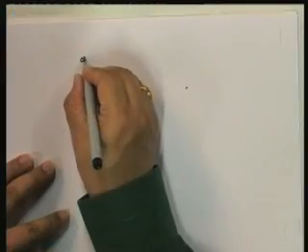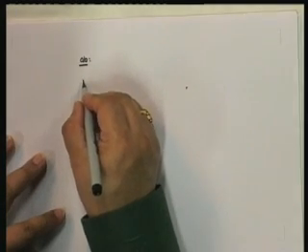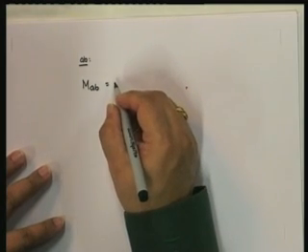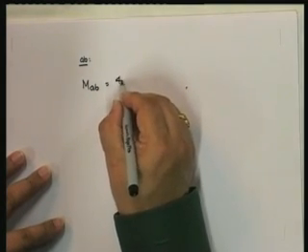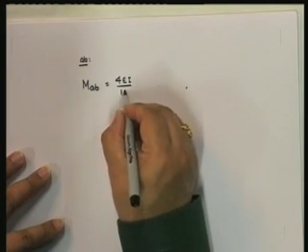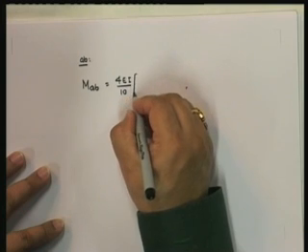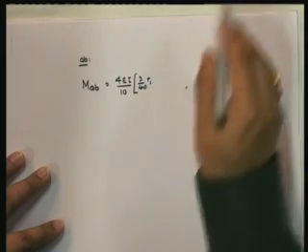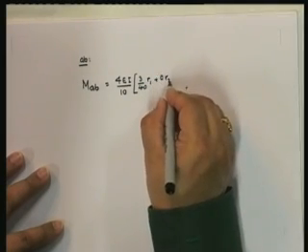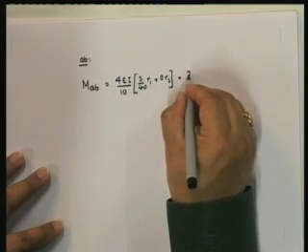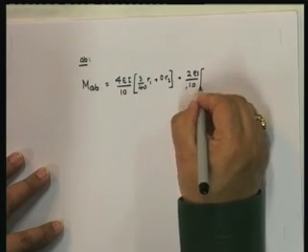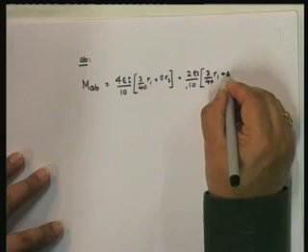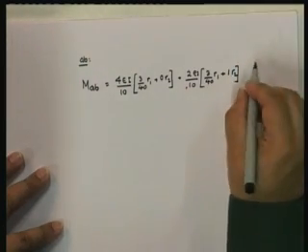For AB, we get MAB is equal to 4EI by L, L is 10, theta AB, and theta AB is equal to 3 by 40 R1 plus 0 R2, plus 2EI upon 10 times 3 by 40 R1 plus 1 R2. FEM is 0.